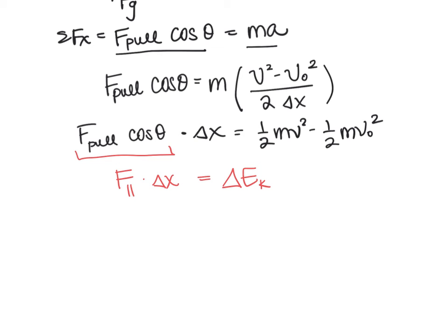And if we go back, a force is actually a vector, and our change in position is actually a vector, a direction. If you remember from your math class, if you take the dot product of two vectors, it's the magnitude of the vectors times the cosine of the angle between the two vectors.